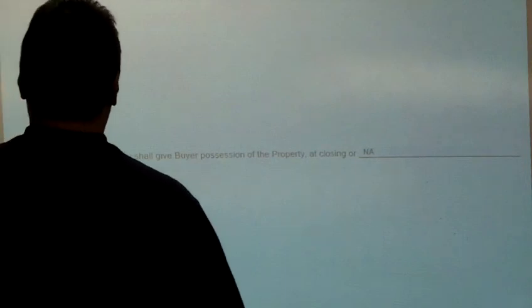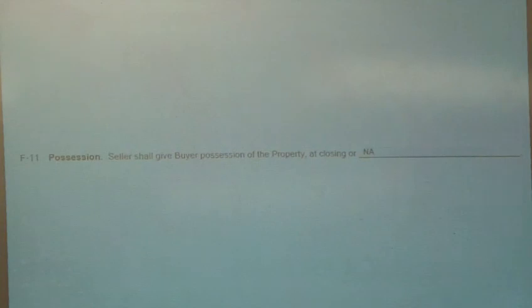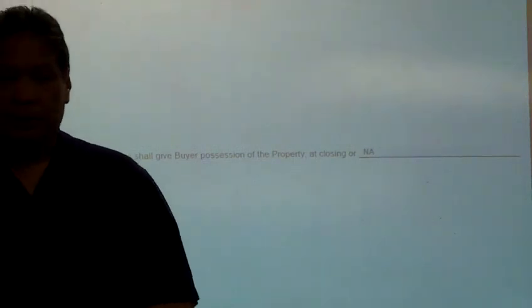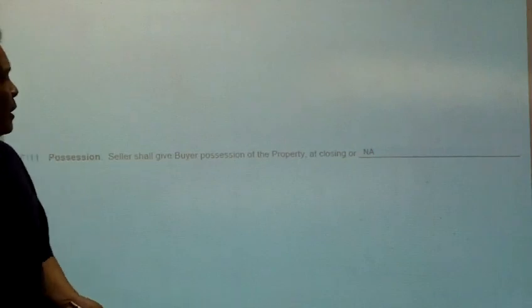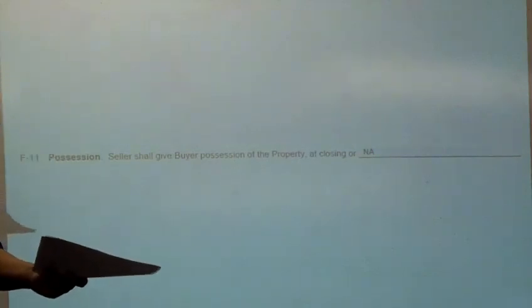Possession. Seller shall give buyer possession of the property at closing, or you can put in upon recordation. Which, if you read the previous paragraphs, closing is upon recordation, so it's almost redundant. That would change in the case of a seller who is going to lease back, right?